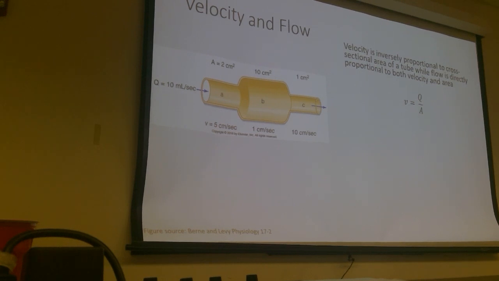So if I keep my flow constant and I have a greater cross-sectional area, what happens to my velocity? If this is a really big number, what happens to velocity? Smaller. It goes down, right? Does that make sense?